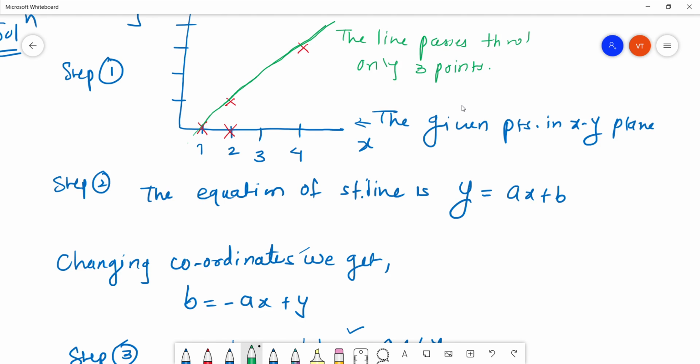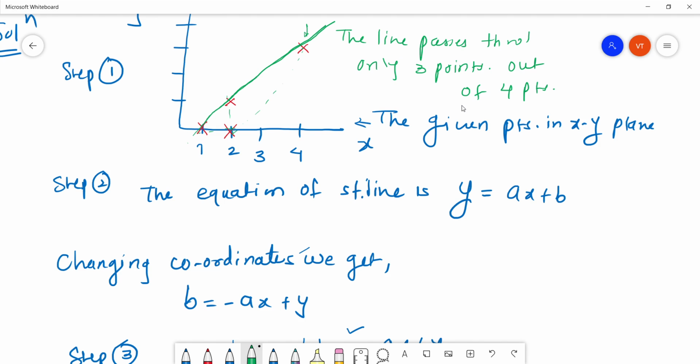Now you will say that I can pass a line like this also, or maybe like this. But what we said is the line should pass through the maximum number of points. Here the line is passing through 3 points. If I consider this and this, it will be 2. So you have to consider the count of points also.